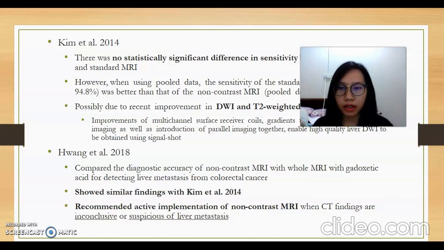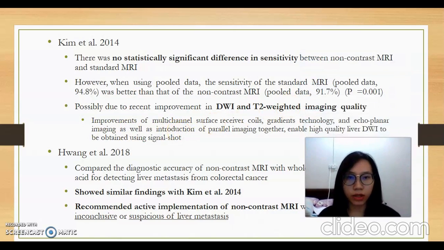It showed similar findings to Kim et al., which is there is also no statistically significant difference in sensitivity. This journal also recommended active implementation of non-contrast MRI when CT findings are inconclusive or suspicious of liver metastasis. So this is how well the non-contrast MRI can perform.